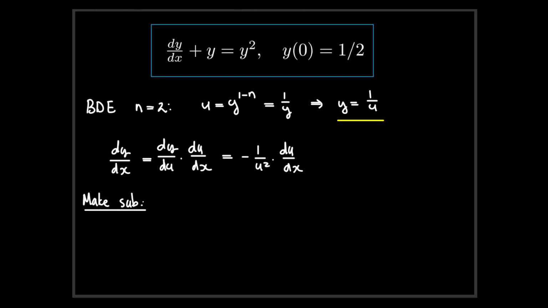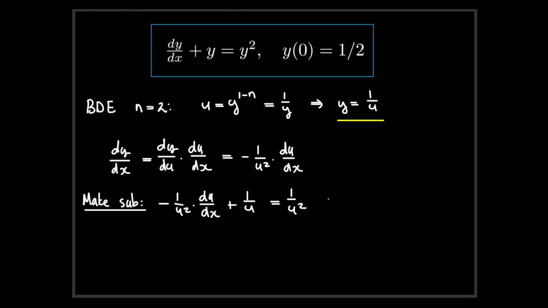And we'll get the following equation. So we're going to first write this dy dx in terms of u. So we get negative 1 over u squared times du dx plus y, which is just 1 over u, is equal to y squared, which is just 1 over u squared.